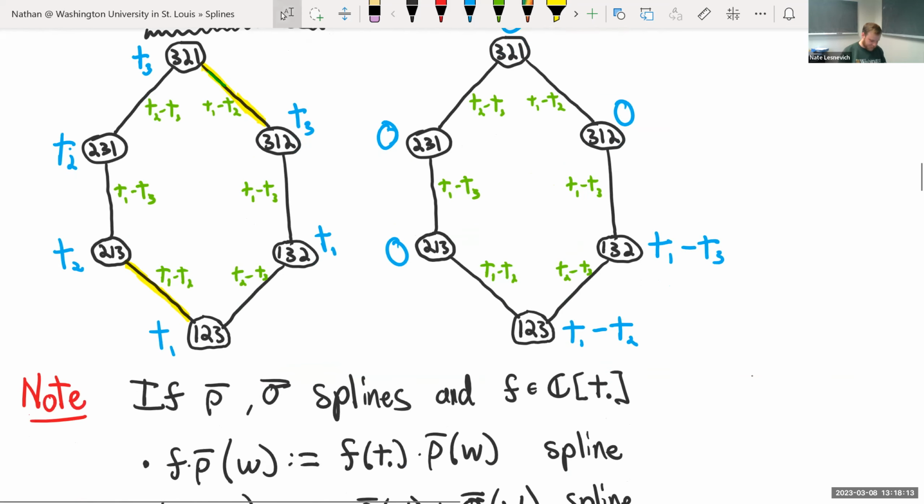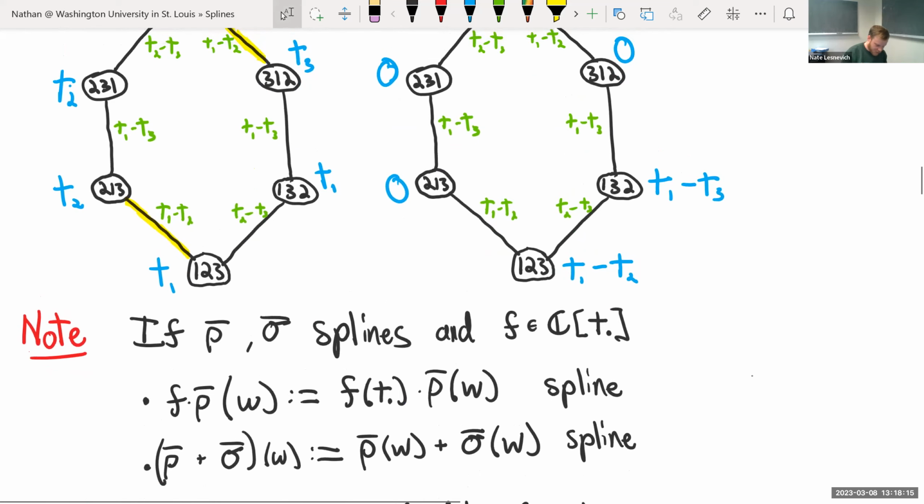All right, so some quick facts to note. If rho bar and sigma bar are splines and f is some polynomial, then multiplication by a polynomial, where you just multiply by that polynomial at every index that you see, is also going to be a spline.